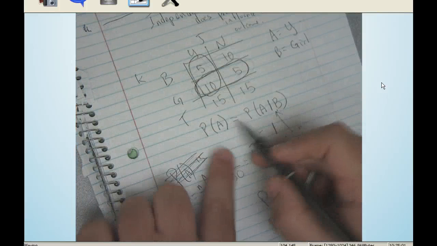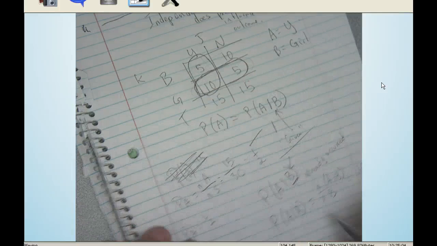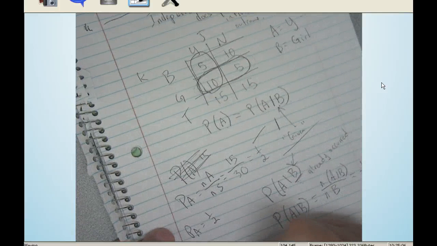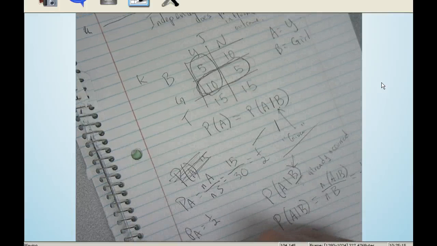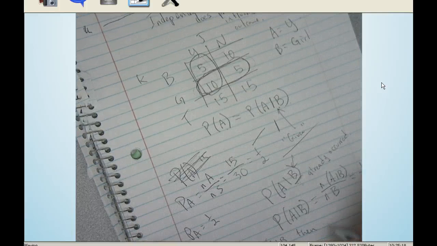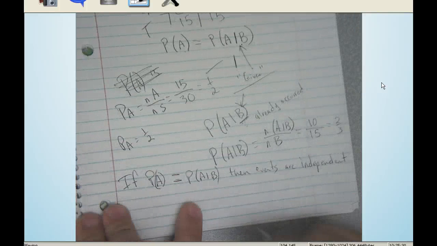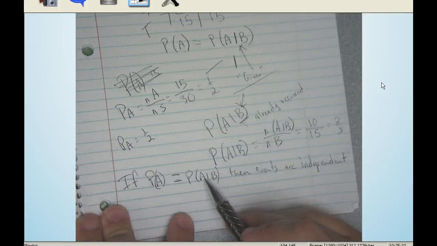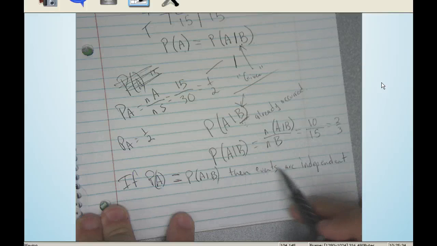So now we ask this question, are these equal? If the probability of A is equal to the probability of A given B, if they are equal, then the events or the outcomes are considered independent. Okay? If the probability of A is equal to the probability of A given B, then the events are independent.